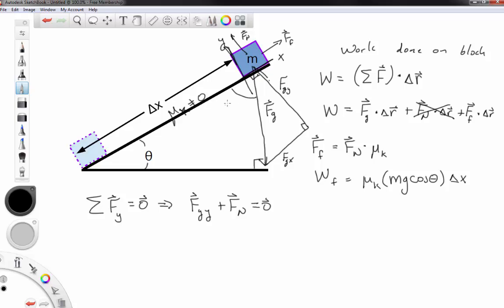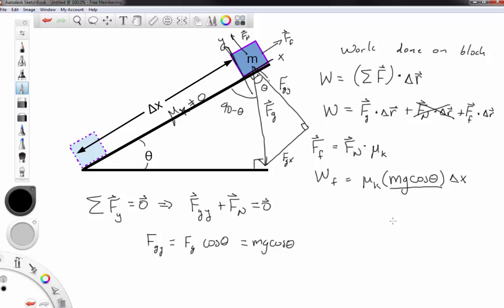This angle right here, therefore, must be 90 minus theta, and since this whole thing is 90, this angle right here is also theta. And so Fgy is given by Fg times the cosine of theta. That's mg cosine theta, and that's where this term comes from. So that's how you find the work done by friction.